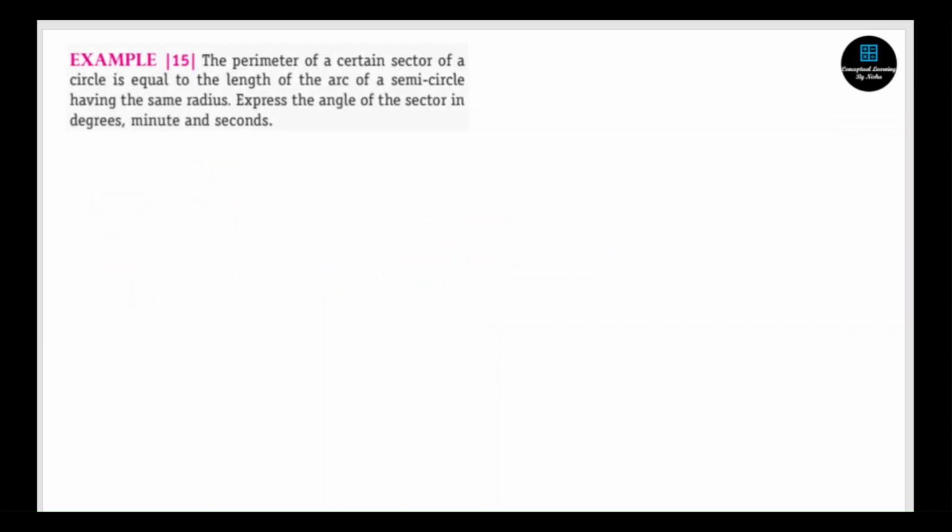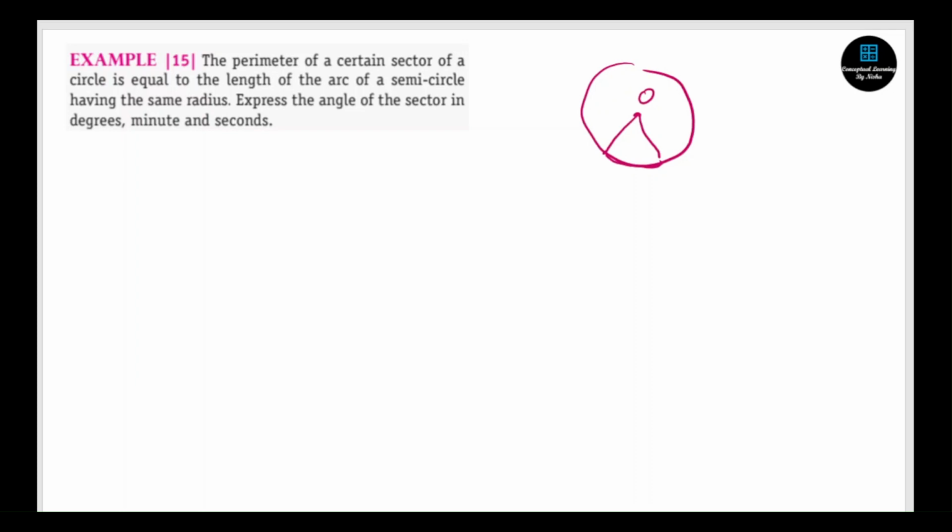Now here is the perimeter of a certain sector. A sector is nothing but, when you talk about the circle, this is the center, the pizza slice. This is called the sector. The perimeter is given as equal to the length of the arc of the semicircle having the same radius.